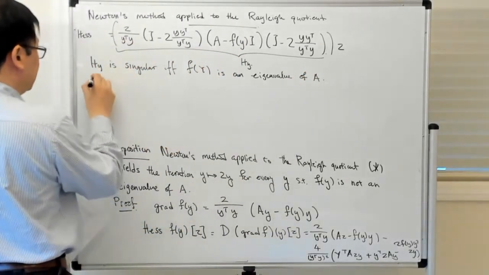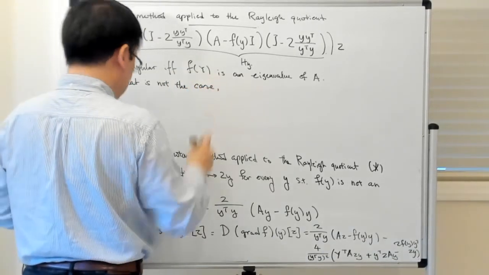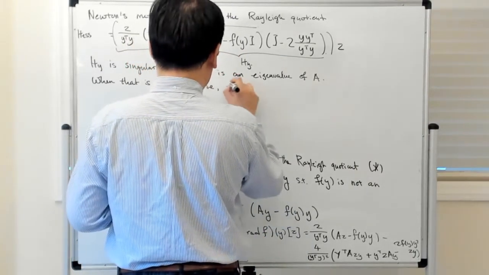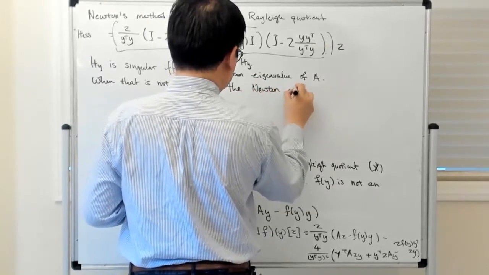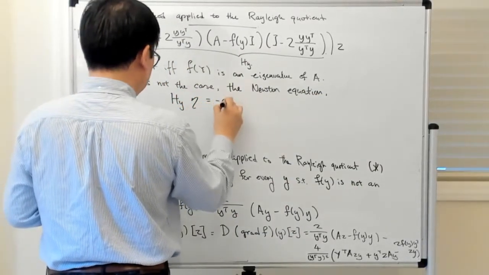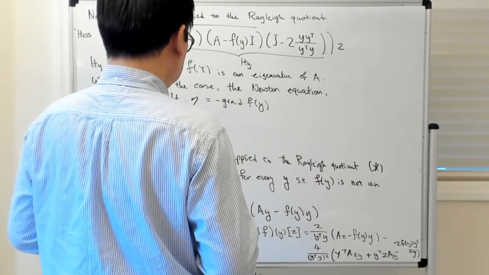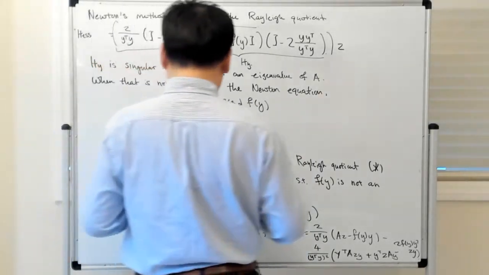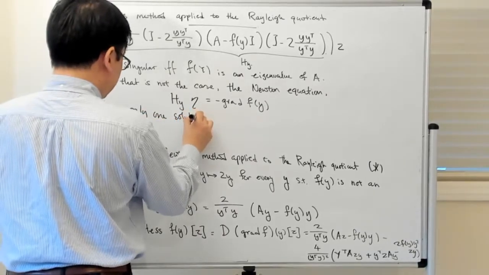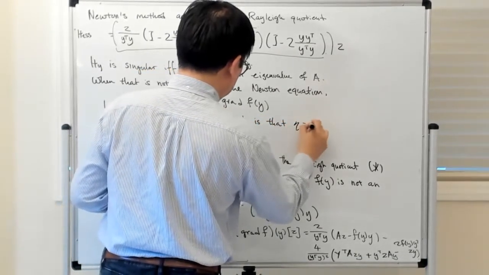And when that's not the case, the Newton equation, which is that H_y times the update is equal to negative the gradient of f of y, has only one solution, and it turns out that the update is equal to y.